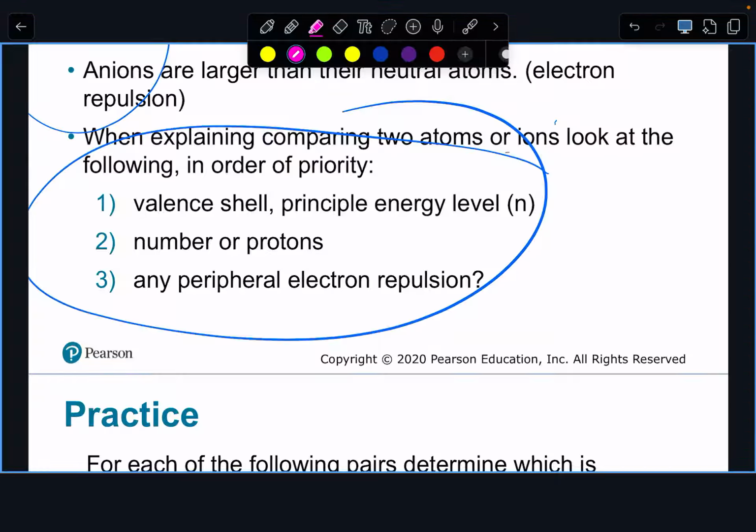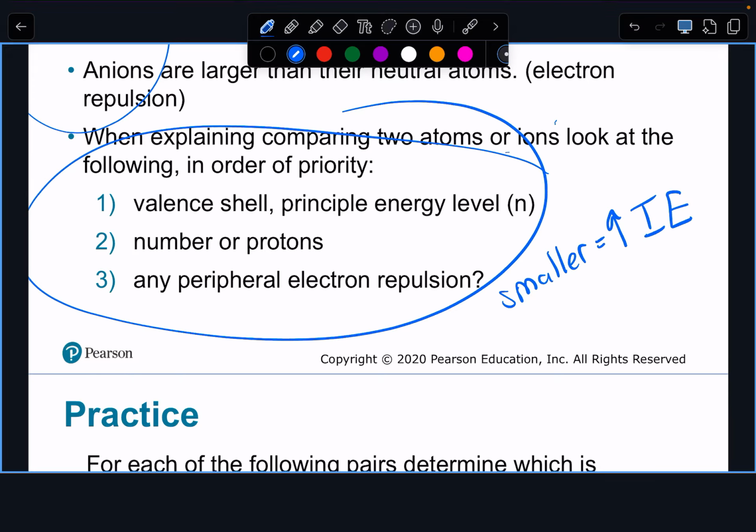And then the other thing to remember is that the smaller something is, the higher its ionization energy is going to be. Okay, because small things means the electrons are close to the nucleus, which means they're low in potential energy. And the other way of saying low in potential energy is there's a strong attractive force to that nucleus.